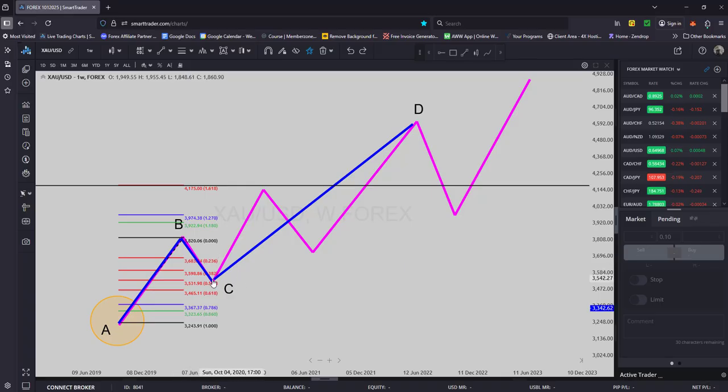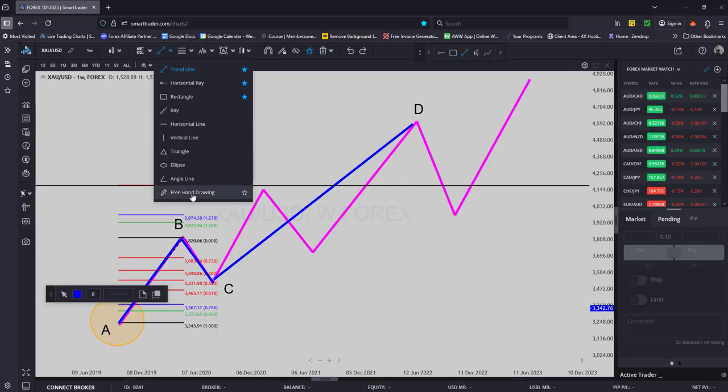The only thing that's flexible with the Fibonacci is your C and your D. Because the reality of it is, until the market hits or reaches that D level, your C is actually not confirmed. Meaning, there will be times where the market will go up like this.